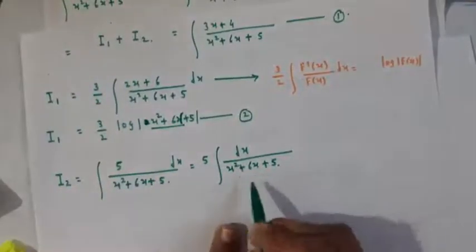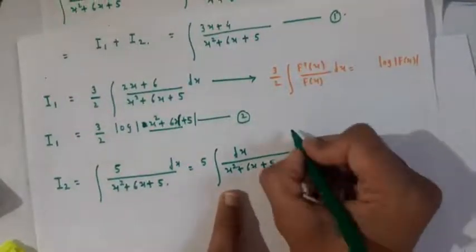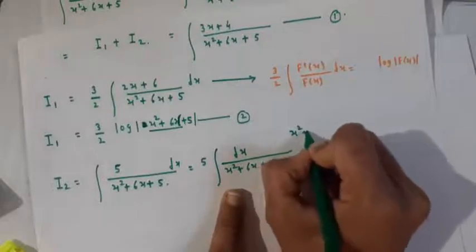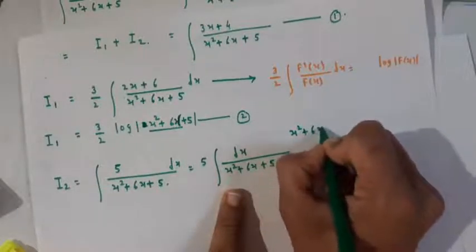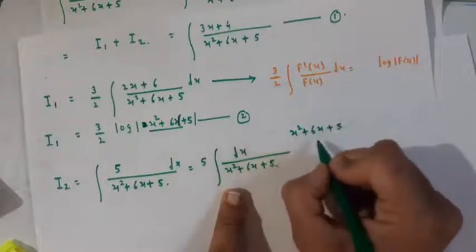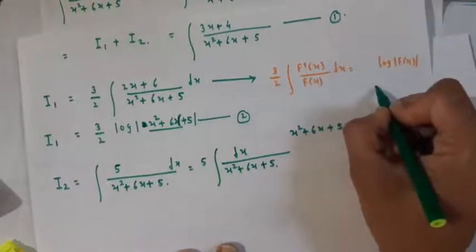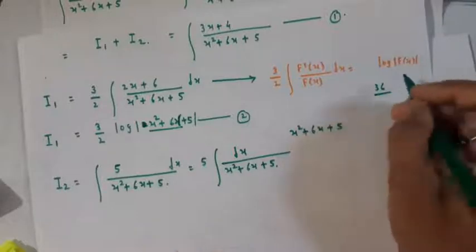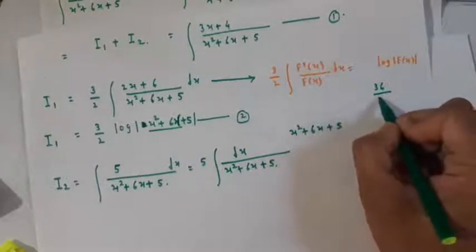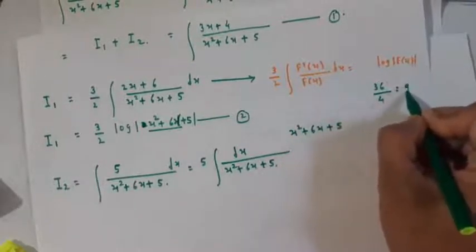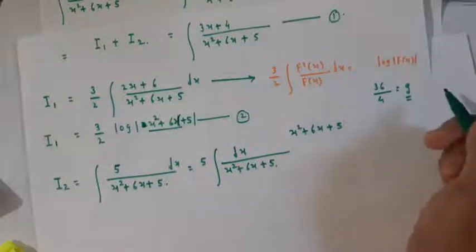Okay students. So here, by completing the square for this term, x square plus 6x plus 5, the middle term, that is b by a, is 6. Half of the middle term squared is 36 divided by 4, that means we have to adjust the term 9 here.